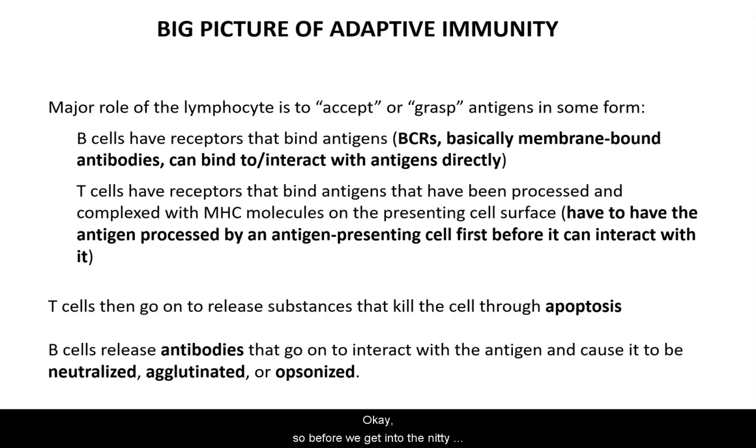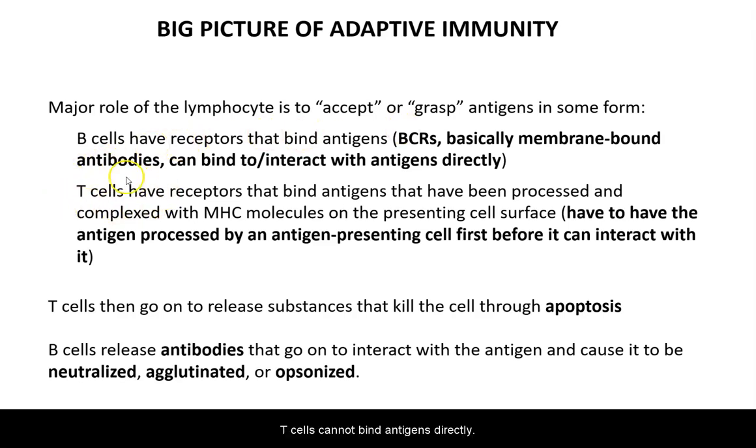Okay, so before we get into the nitty-gritty of cell-mediated immunity and humoral immunity, let's just kind of recap what we've been talking about. So, the major role of a B cell or the T cell is to recognize antigens somehow. B cells are going to recognize them directly. They have receptors that can bind antigens. Remember, these are called the B cell receptors, and they're basically antibodies that are membrane bound.